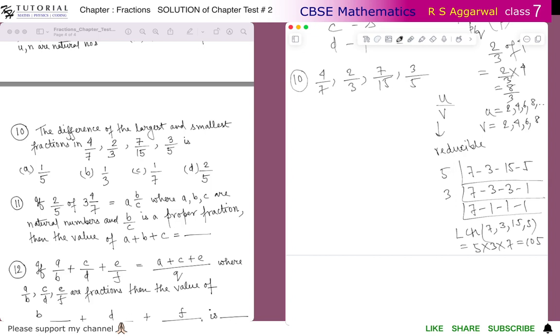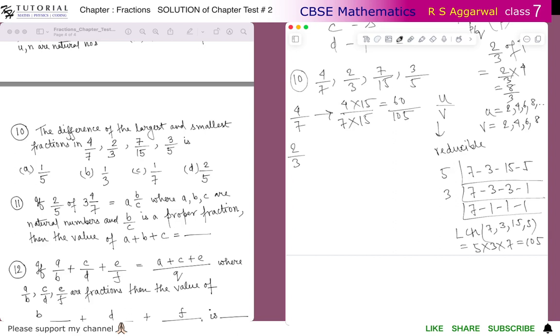So now we have to convert all the fractions to equivalent fractions where the denominator will be 105. So this becomes 7 into 15, and we will have 4 into 15. So this becomes 60 by 105.